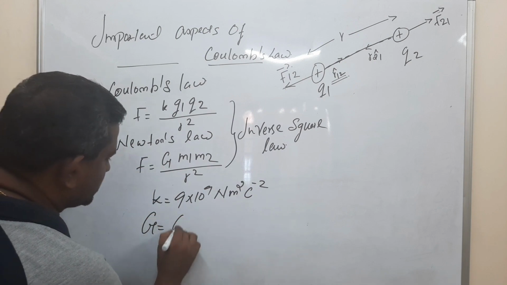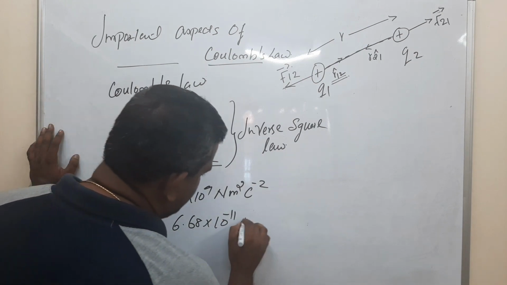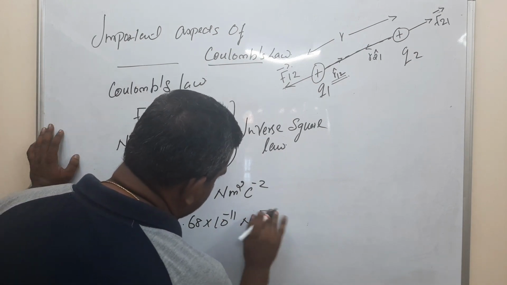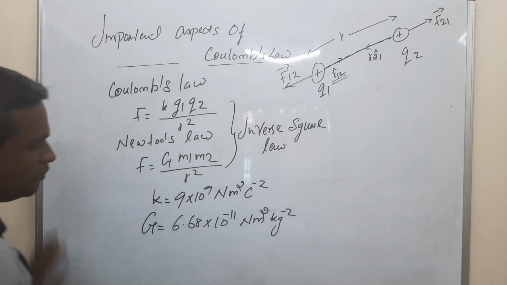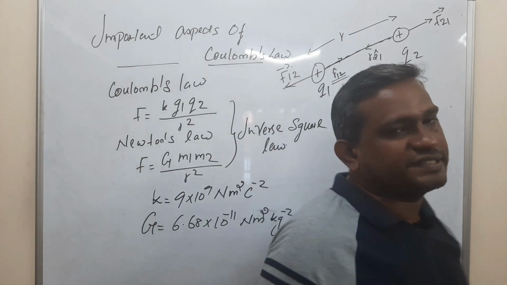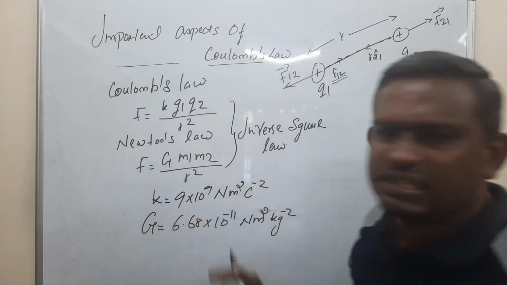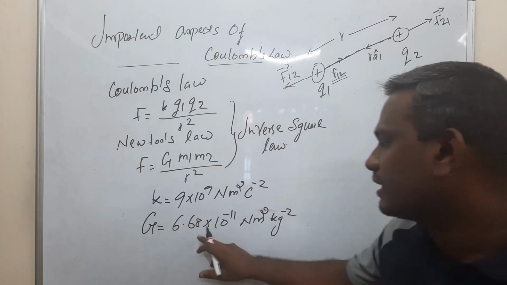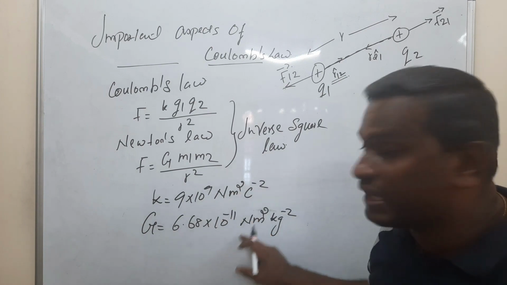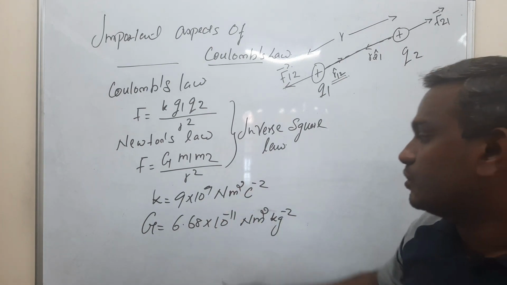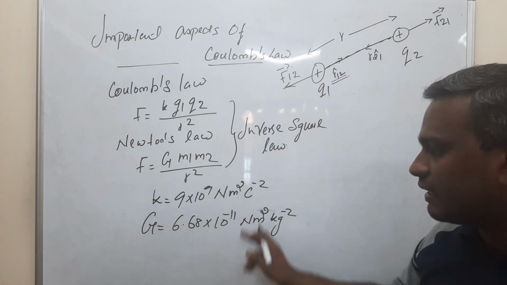G is equal to 6.68 into 10 to the power minus 11 Newton meter square per kilogram square. Looking at the two constants, what do we see? The value of Coulomb's constant is much larger than the gravitational constant. Here 9 into 10 to the power 9, here 6.68 into 10 to the power minus 11.